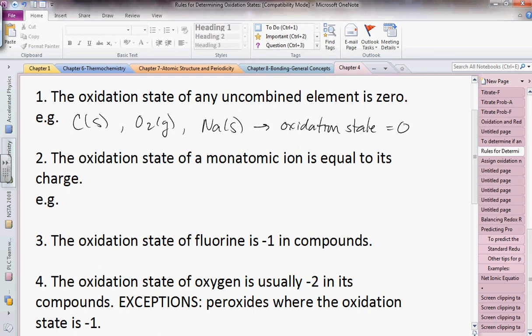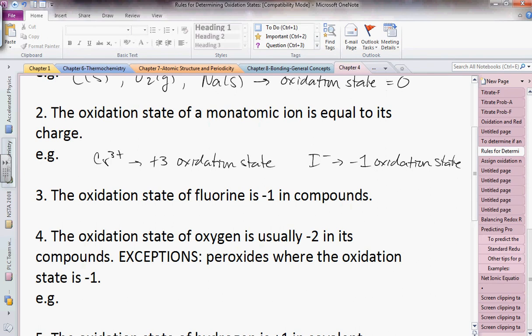If we have an ion, then the oxidation state of the ion will be equal to its charge. So Cr3+ has a +3 oxidation state, and a negative ion like iodide would have a -1 oxidation state. A monatomic ion, from the name, has a single atom. We'll get to polyatomic ions in a bit.